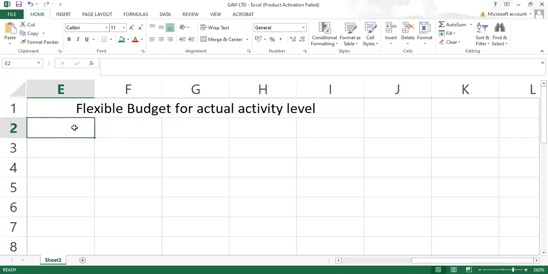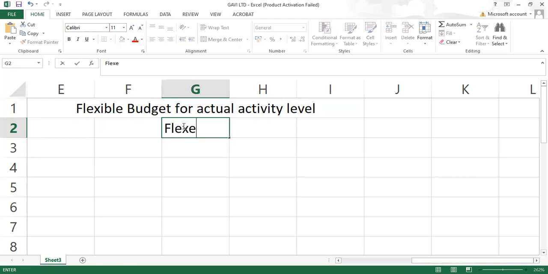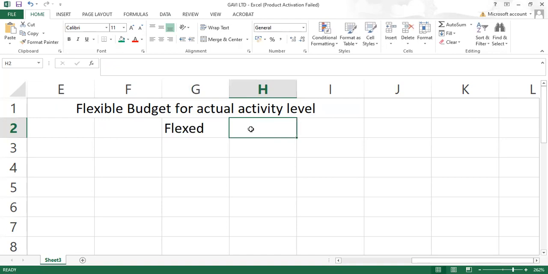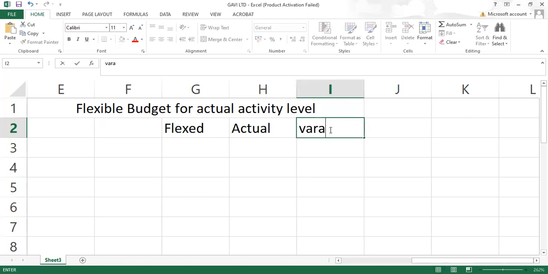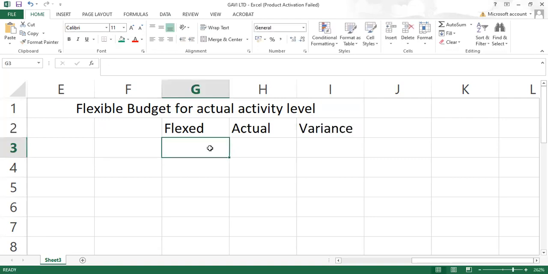So let's come here. We have the flexed budget here, we have the actual, we have the variance. Okay, we put them in cost. They will put a currency sign here.